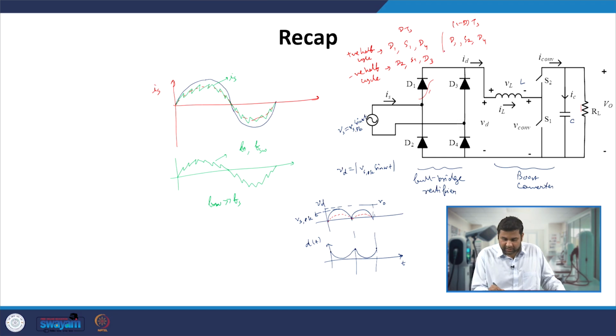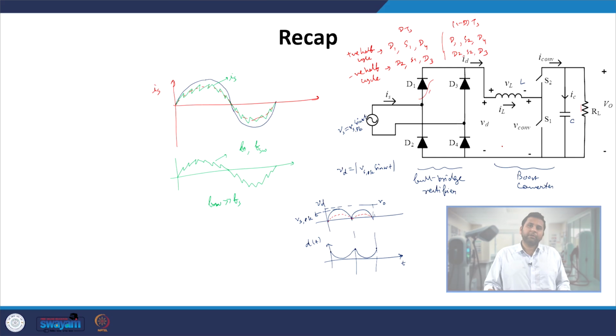While in the 1 minus D Ts period, D2, S2 and D3 are conducting. So, at any given instant of time there are 3 semiconductor devices in conduction. That leads to higher conduction losses, and at the same time our component count is also high, because we have 4 diodes, 2 switches, an inductor and a capacitor.